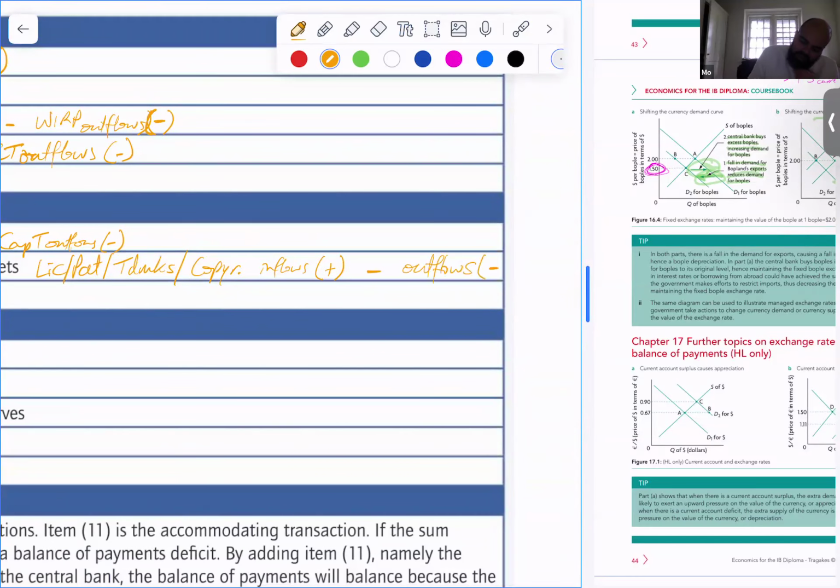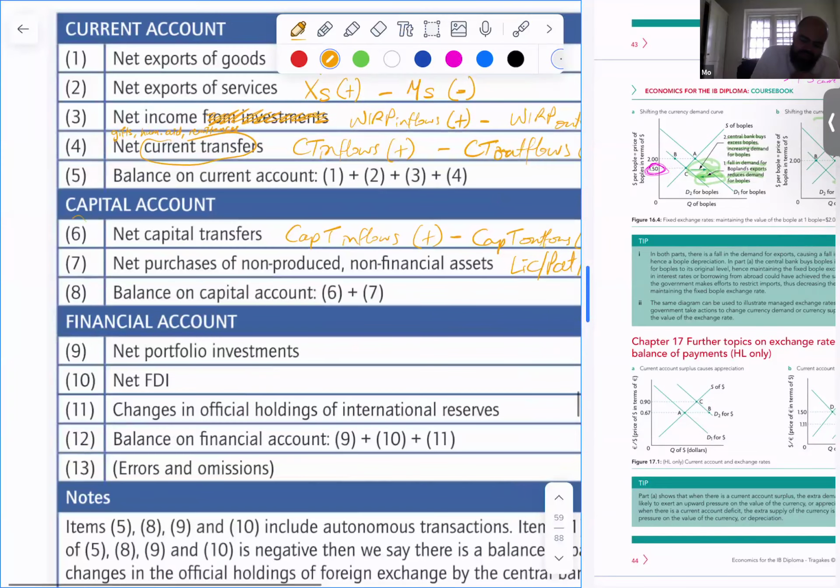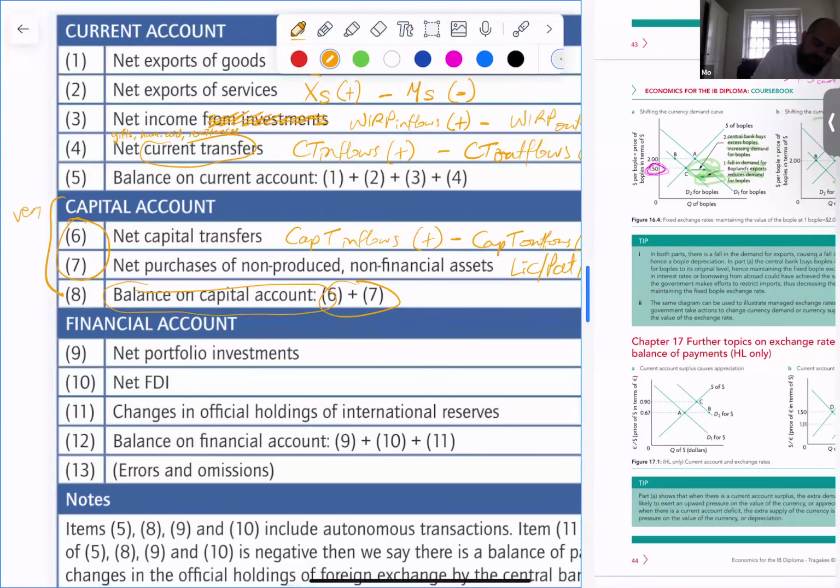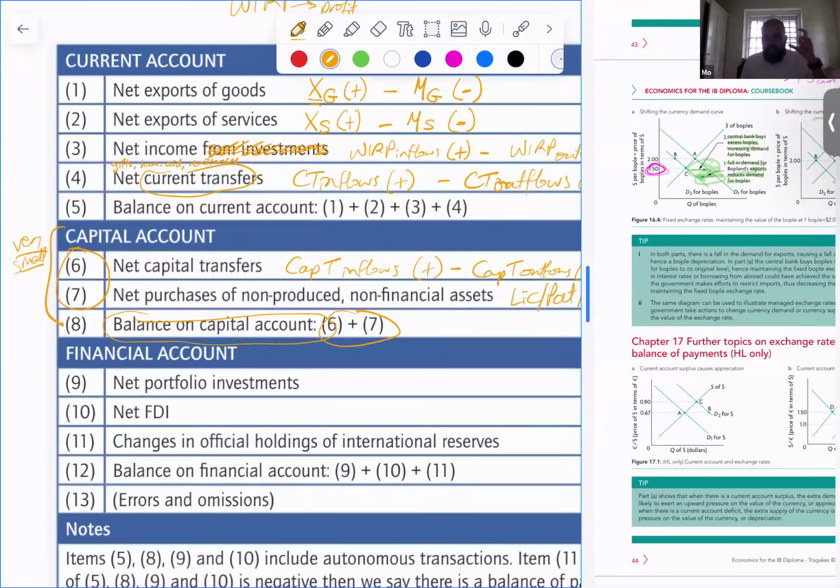These are the debit. When you add items 6 and 7, that gives you the balance on the capital account. Now remember, the capital account is very small for most countries. It's kind of irrelevant, okay? All right, so the main relevant accounts are the current account and the financial account.